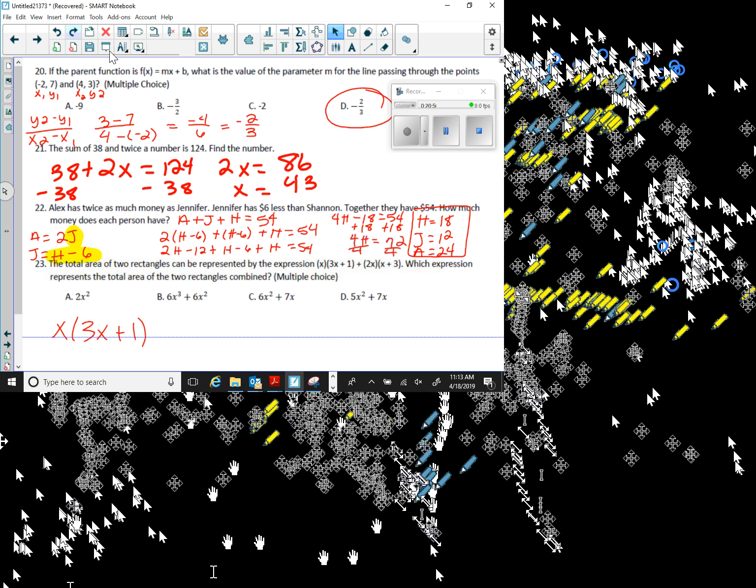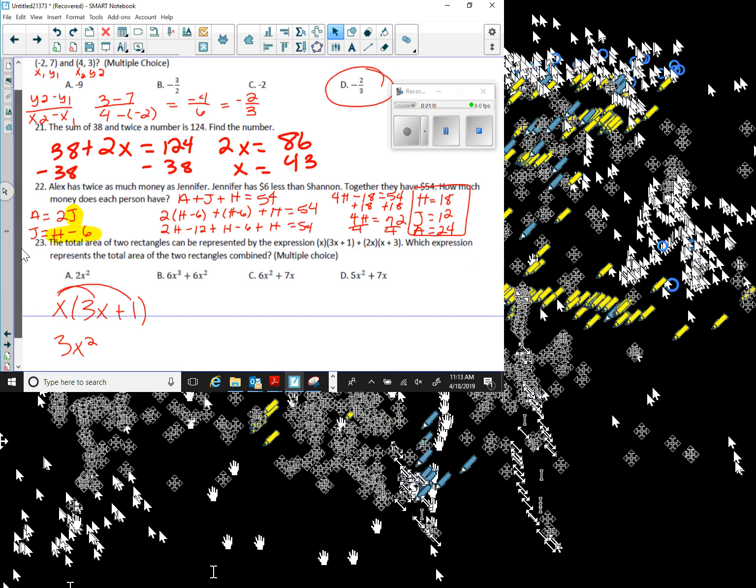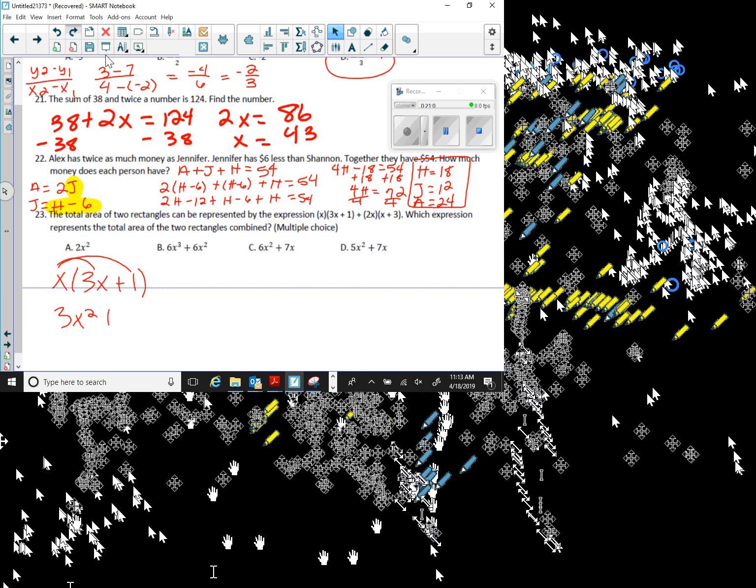Number 23. You've got those expressions. You have to multiply them, then add them together. X times 3x plus 1 is 3x squared plus x. 2x times x plus 3, well, 2x times x is 2x squared. 2x times 3 is 6x.